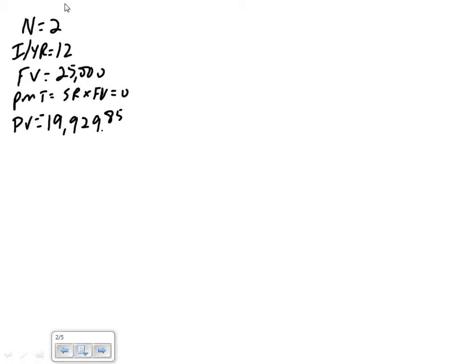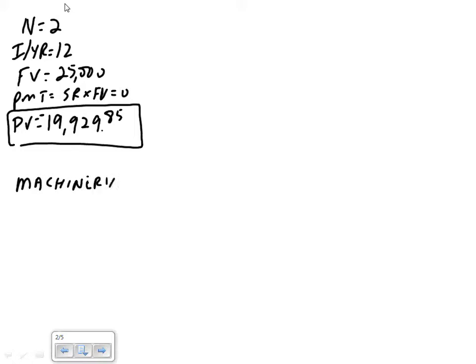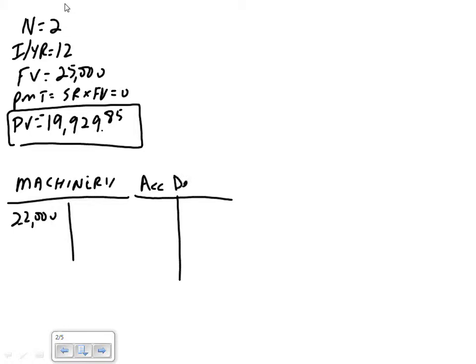And the big question for us is, if we thought about the T accounts, machinery is on the books at a cost of $22,000. If the book value of the machinery is $15,000, what is the accumulated depreciation associated with that machinery?